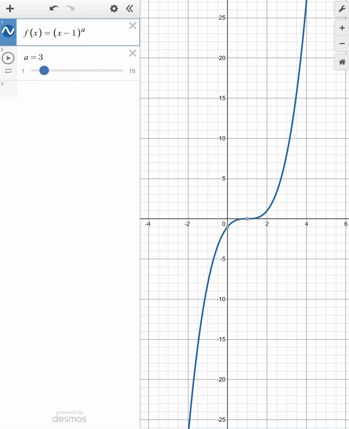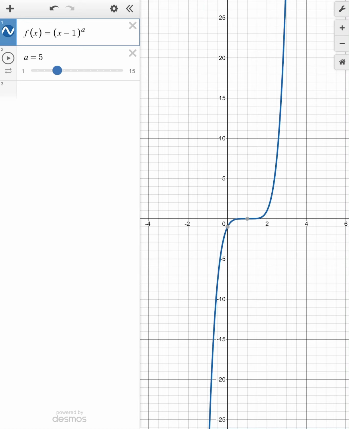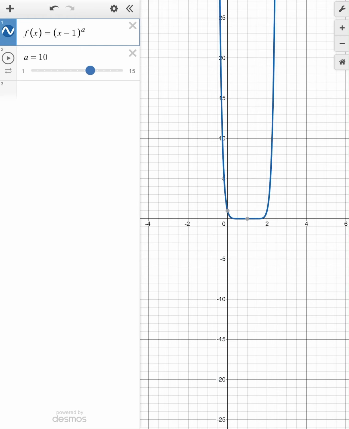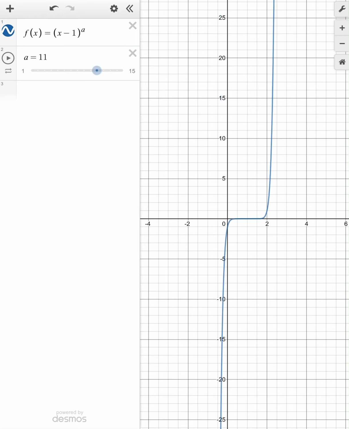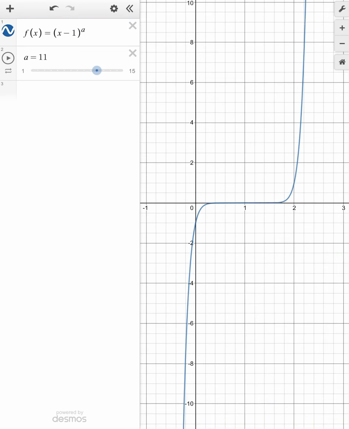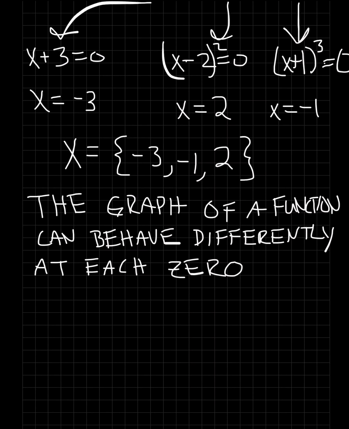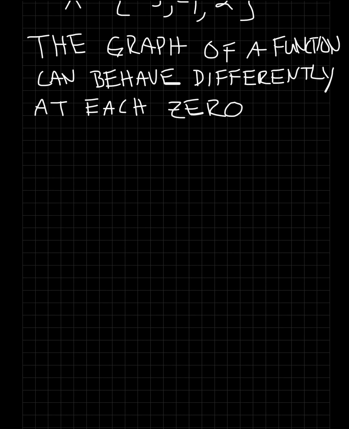And when my multiplicity is odd, when the exponent on this factor is odd, like at 3, 5, 7, 9, 11, my graph is actually crossing over at that 0, when I have an odd multiplicity. So that's really what you need to know about multiplicities. The multiplicity tells you about the behavior.